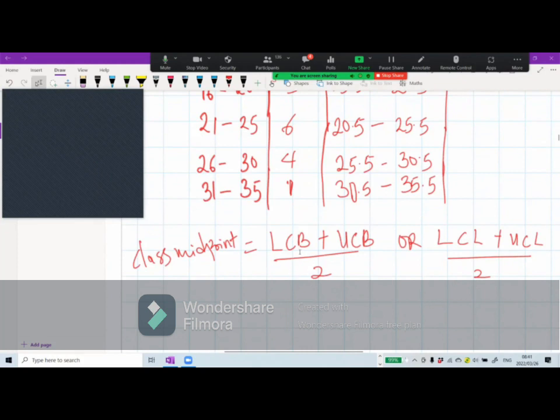Class midpoint is lower class boundary plus upper class boundary, everything now divided by 2. Or lower class limit plus upper class limit divided by 2.